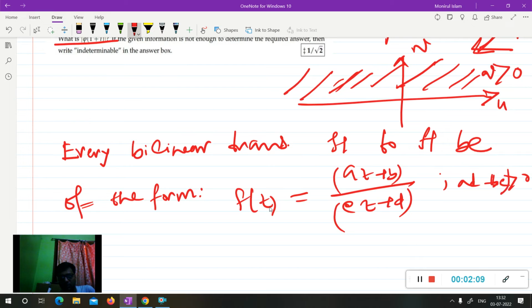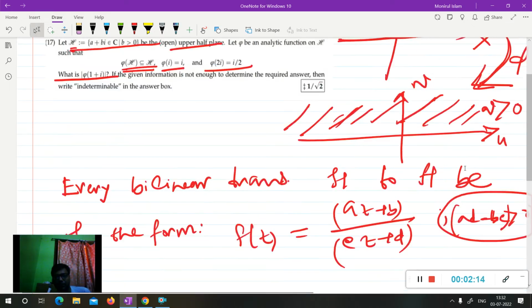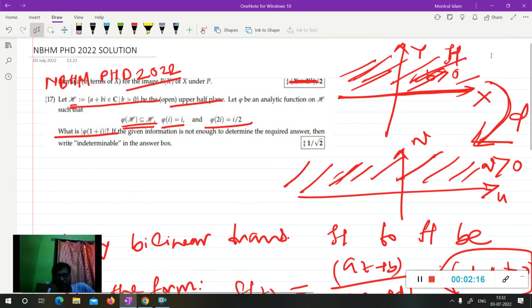This is the restriction, for this condition only the transformation f maps upper plane to upper plane.